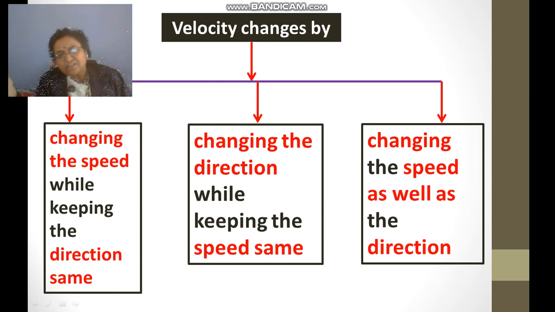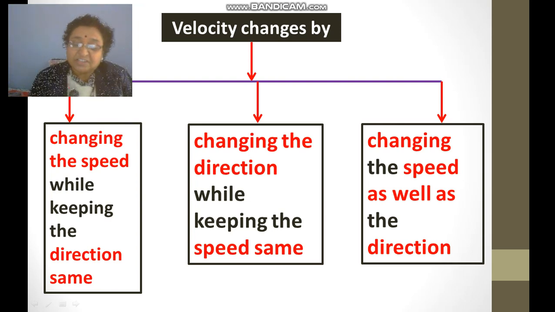On the turning, obviously the pedaling goes on decreasing. So velocity also changes. And students, as we only change the speed, velocity is changing. As we only change the direction, velocity is changing. So obviously, if we change speed as well as direction, velocity will be changed. And we can get all these experiences in our daily life.